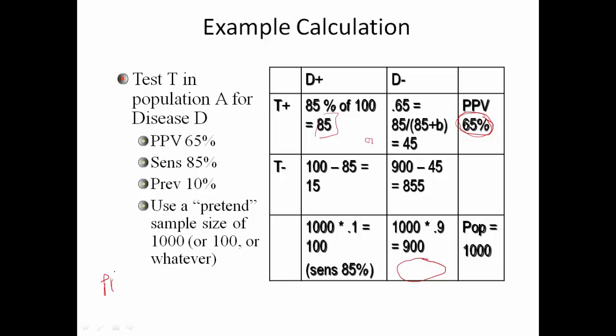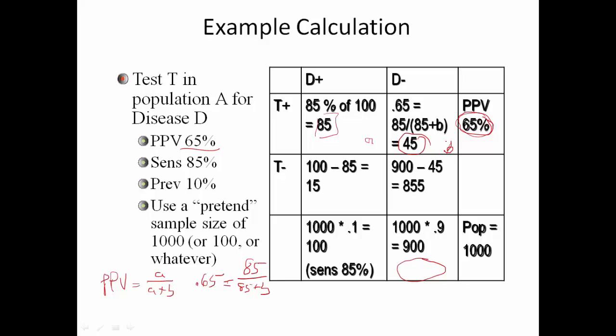So positive predictive value equals A over A plus B. So positive predictive value is 0.65, that's given to you in the problem, equals 85 over 85 plus B. And then you basically solve for B. And solving for B gives you 45. Okay, so that's how you fill in cell number B there.